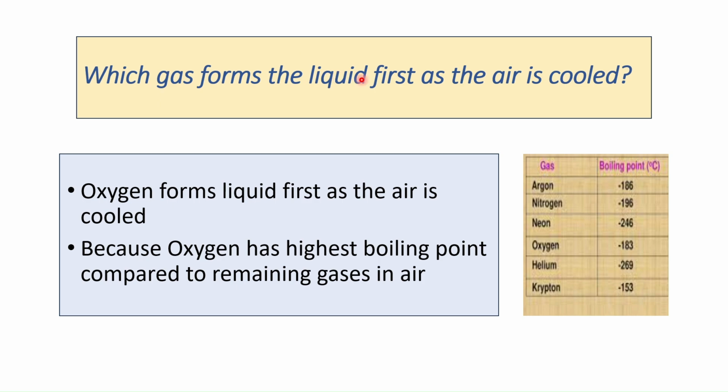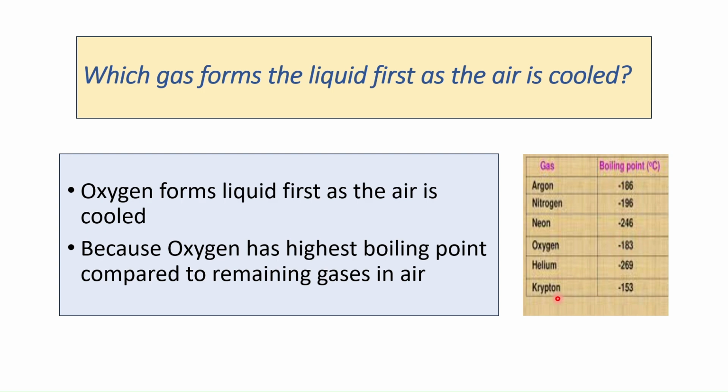Which gas forms liquid first as the air is cooled? Okay, oxygen forms liquid first as the air is cooled. Why? See, oxygen compared to argon, nitrogen, neon, helium and krypton, I just made the list available here. Oxygen has a boiling point of minus 183 degrees centigrade.